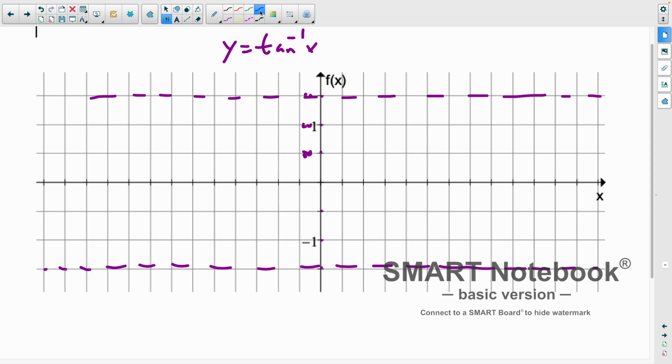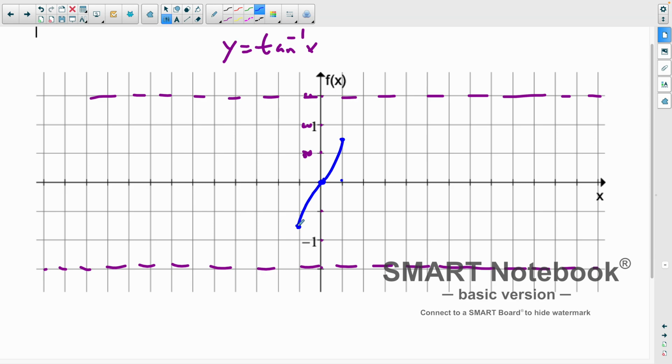If I flip 0, 0, that's easy, that is 0, 0. If I flip 45, 1, it's now going to be 1, 45. If I flip negative 45 and negative 1, it's going to be negative 1 and negative 45. Now, the asymptotes help me here because all of our other graphs have done like this and kind of stopped.